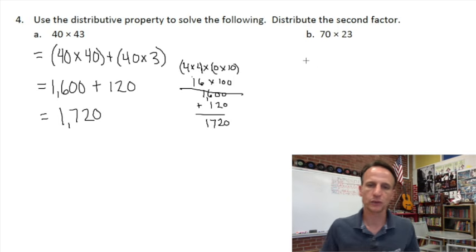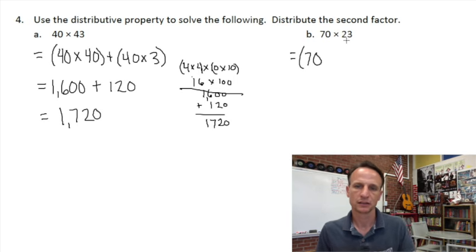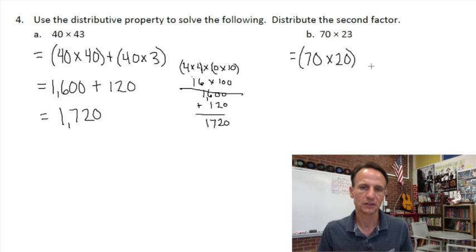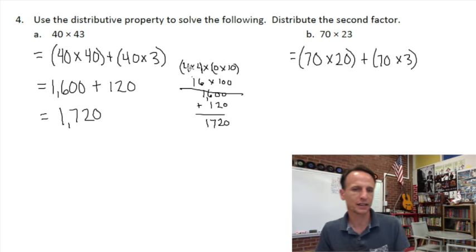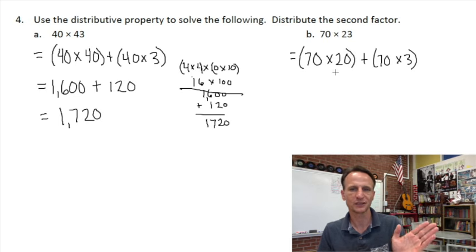Good. All right, so now same thing over here. We're going to say 70 times 23, so we have 20 and we have 3. So 70 times 20 we'll do first. And then we'll do 70 times 3. Great. So 70 times 20, now that we see how this works, it's going to be easier, right?